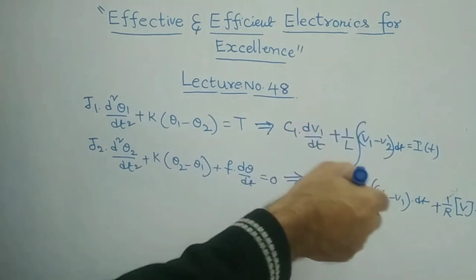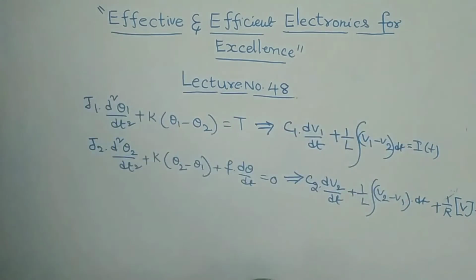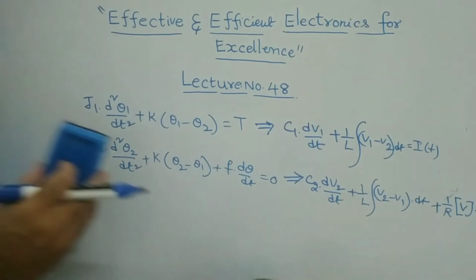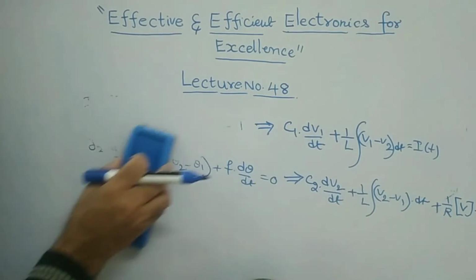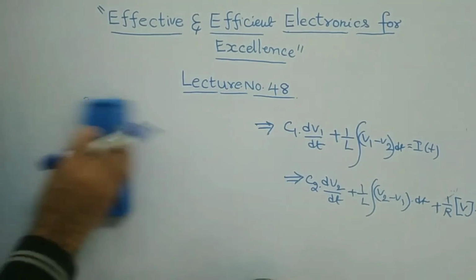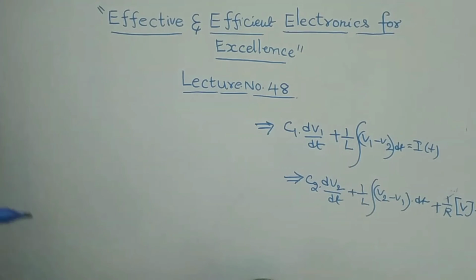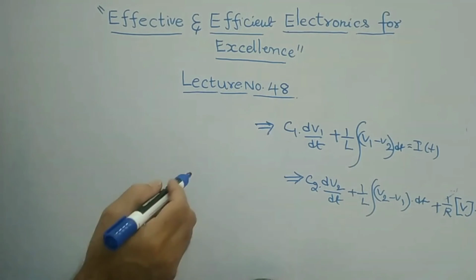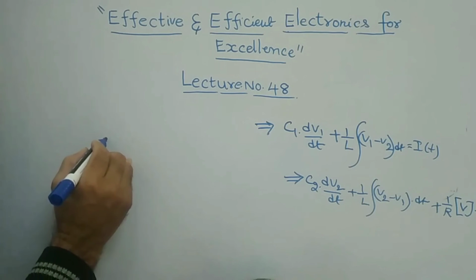Now by using these two electrical equivalent equations, you draw the electrical equivalent circuit. It is C1, obviously. In torque current, remember that you have nodal voltages.